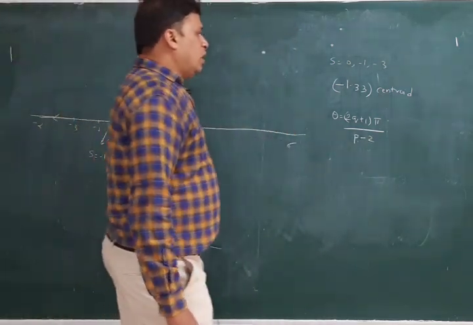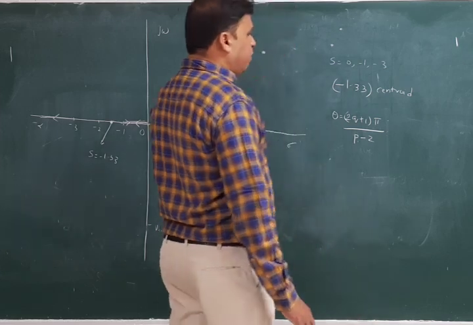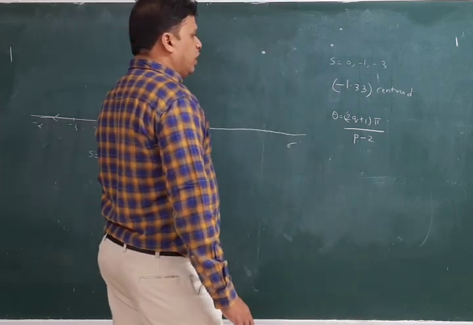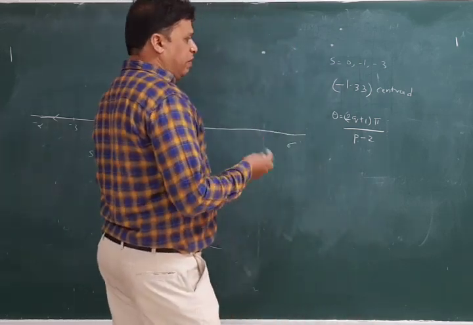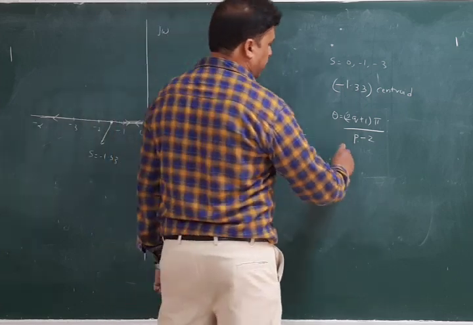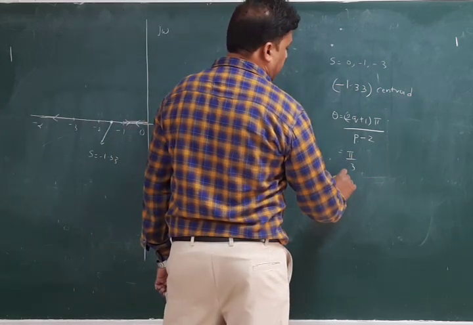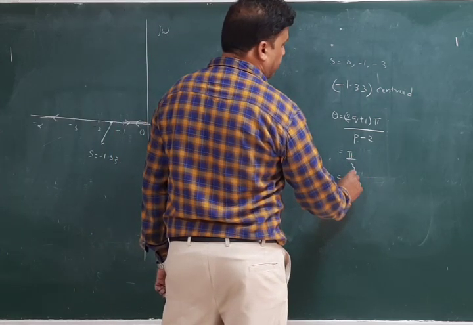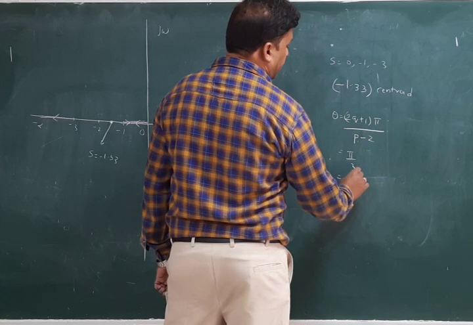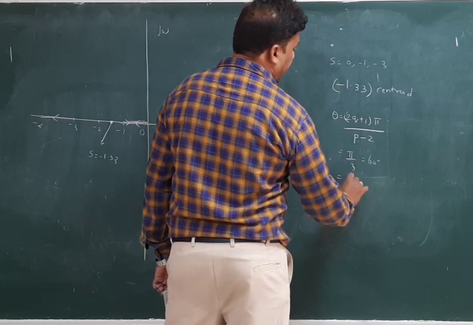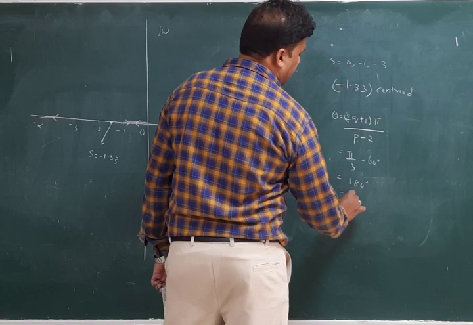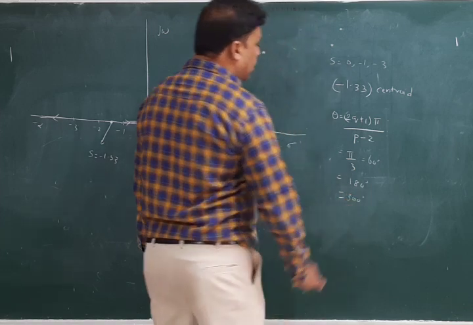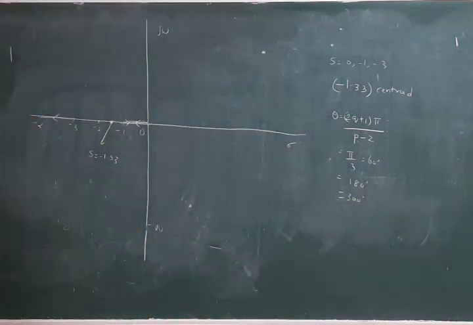Already we have found the asymptotic angles by finding the poles, the centroid and the breakaway point. Now we have these values as pi by 3, that is 60 degrees, 180 degrees and 300 degrees. The asymptotic angles are 60, 180 and 300 degrees.